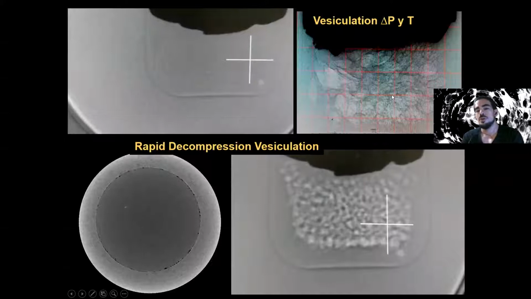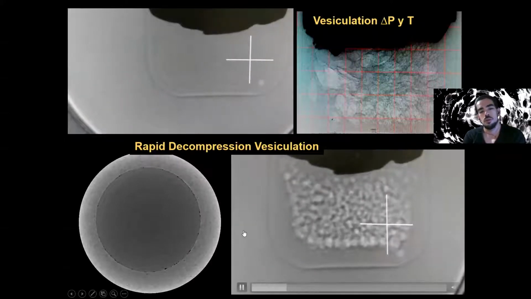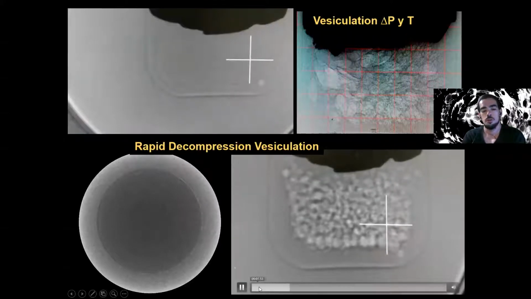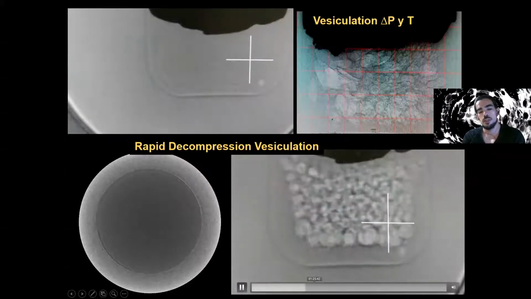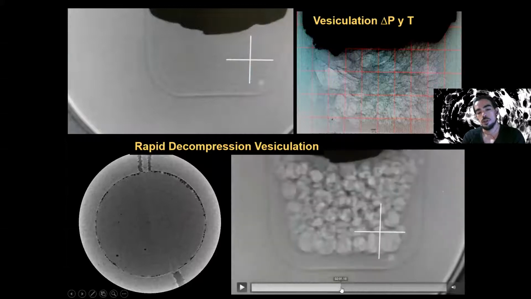We can also look at deformation structures thanks to compression, thanks to pressure. But this is one of the nicest experiments. We had the sample, we started decompressing, forming bubbles. The bubbles can even expand to very big sizes.